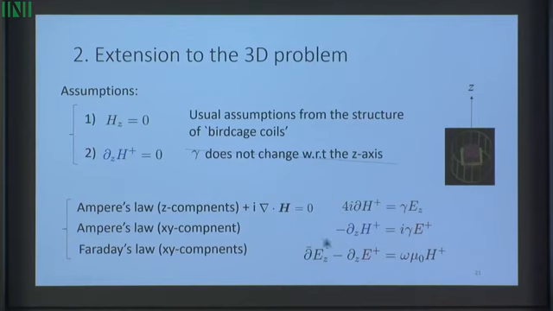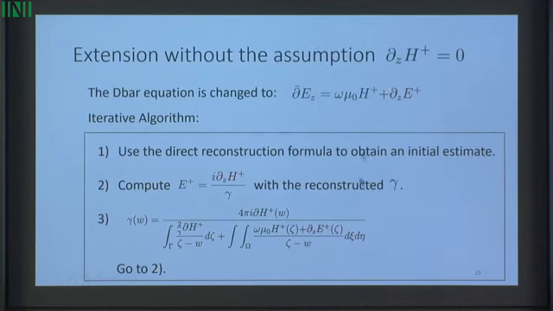So the d-bar equation should be changed to this form. We have to add the z derivative of the E plus electric field into the right-hand side of the d-bar equation. So here is our proposed iterative algorithm for the 3D case.